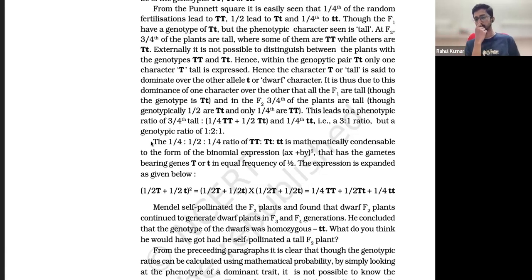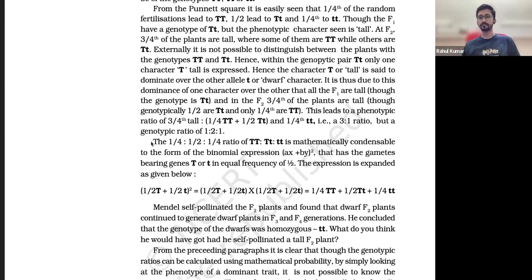The 1/4 : 1/2 : 1/4 ratio of tall TT, heterozygous tall Tt, and recessive dwarf tt is mathematically condensable to the form of the binomial expression (ax + by) whole squared.